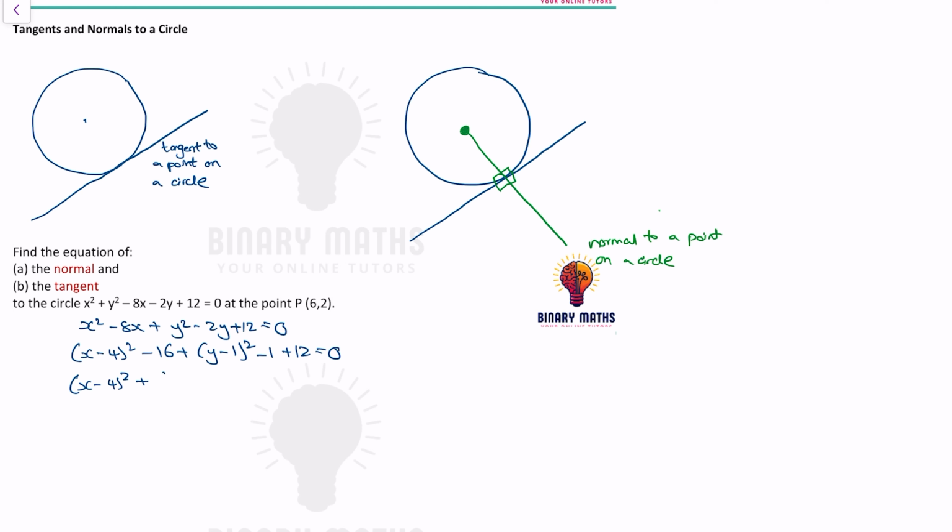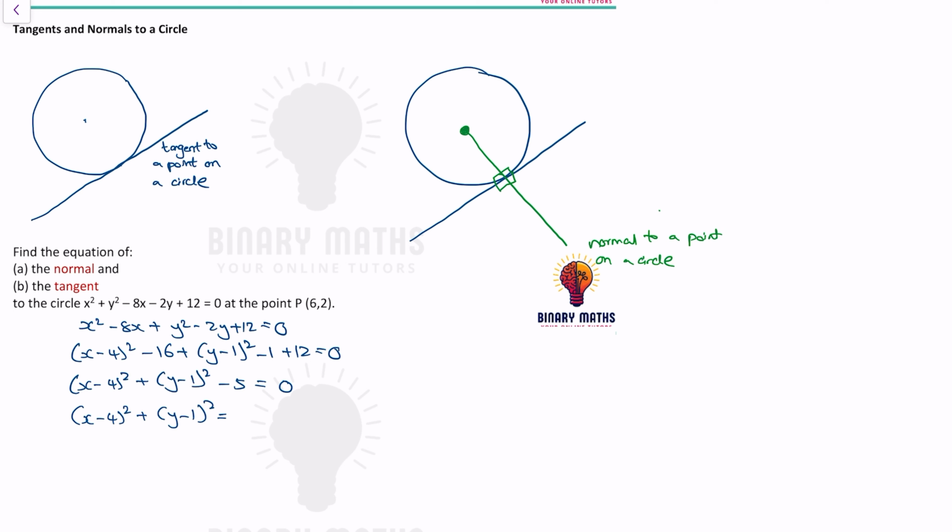If I simplify all the constants by collecting them, negative 16, take away 1, plus 12 gives me negative 5, so take away 5 equals 0, which means (x minus 4) squared plus (y minus 1) squared is equal to 5.